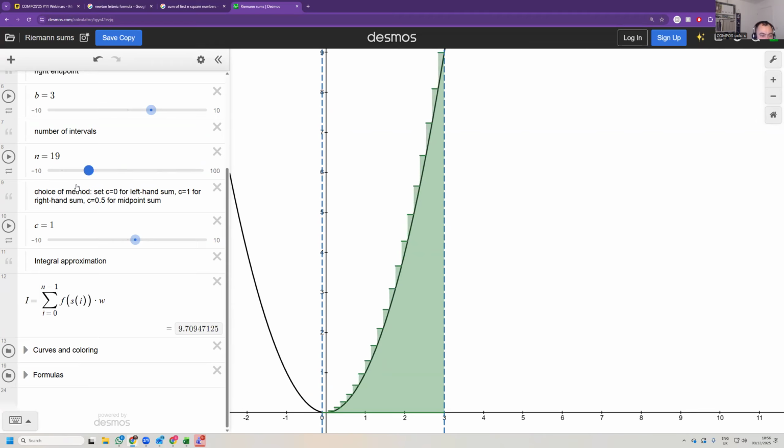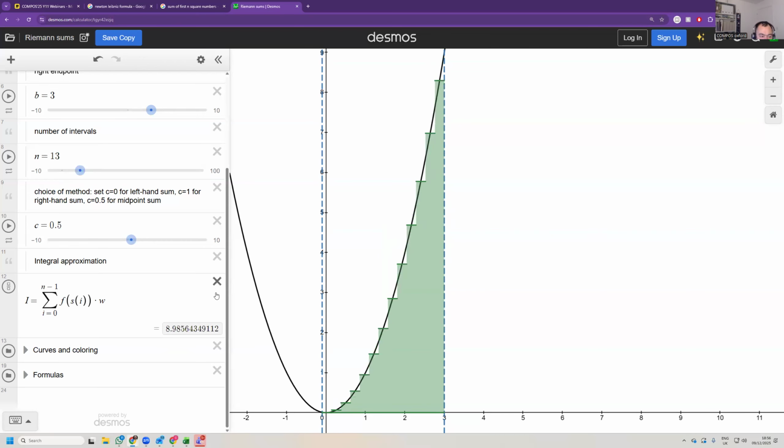Whereas if I take the left end Riemann sum, this is an under approximation. And for n equals 100, this would be 8.86, so it's slightly less than 9. And if I go back, I can take the center.